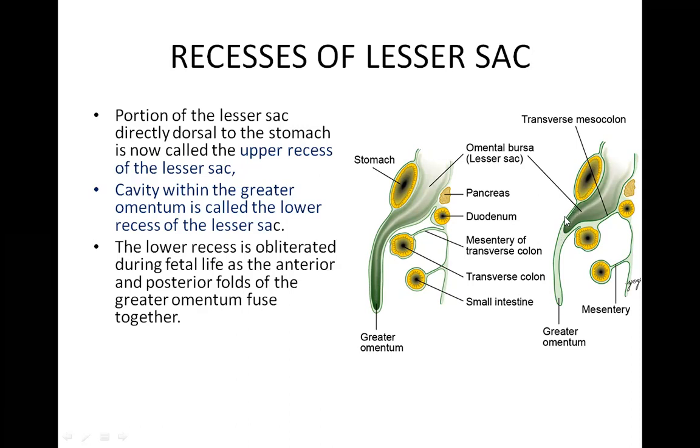You must have read the first, second, third and fourth layers of the greater omentum. The second and third layers fuse in embryonic life. This is the process of zygosis, by which the second and third layers have fused. So the lower recess of the lesser sac is also obliterated.